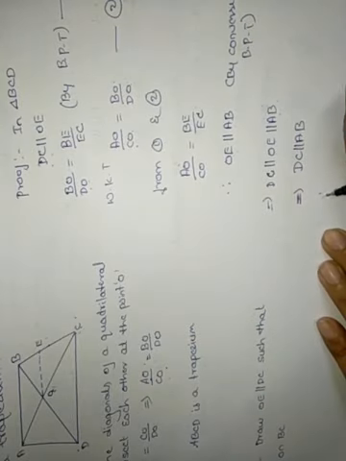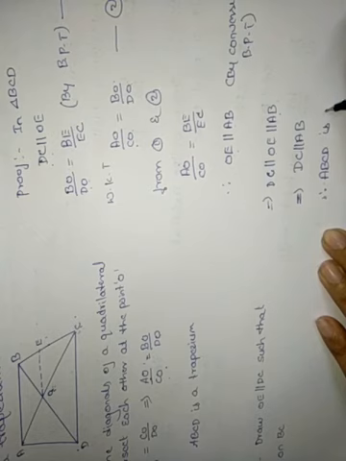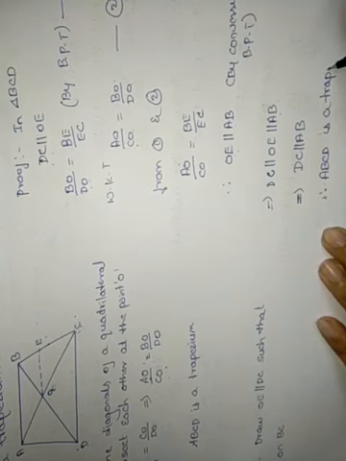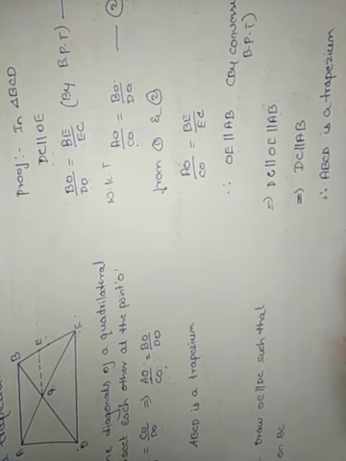So we'll write therefore ABCD is a trapezium. Right? This completes the proof of the 10th problem. And also Exercise 2.2 is covered.